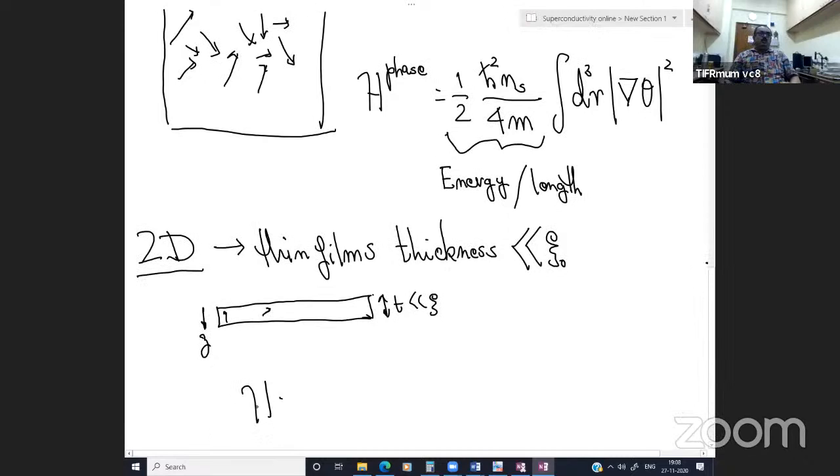So in two dimensions, the phase only Hamiltonian will simplify.